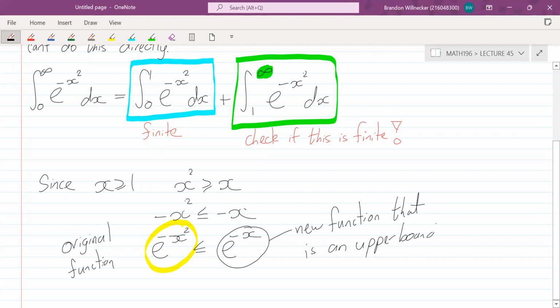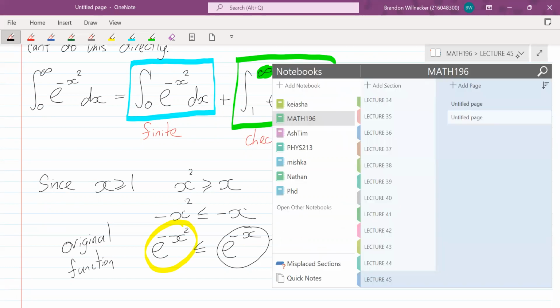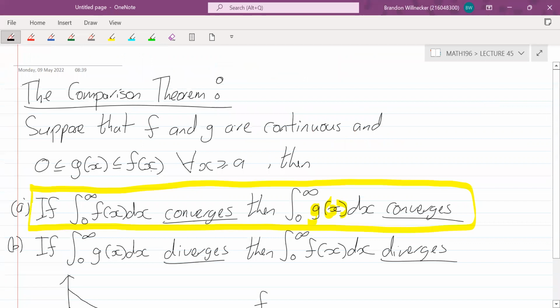So for all x greater than or equal to 1, this new function is bigger than our original function. You see how it matches with our theorem here. We've got a new function f that's bigger than our original function. And if our new function converges, then our original function also converges. So we just need to show that the new function converges.